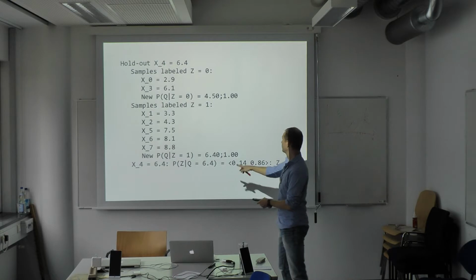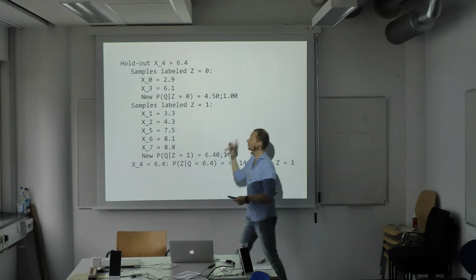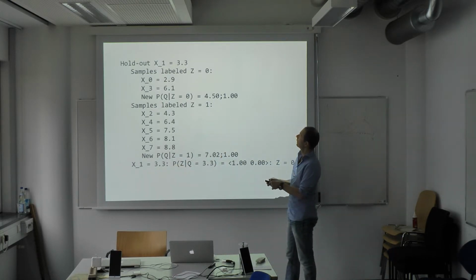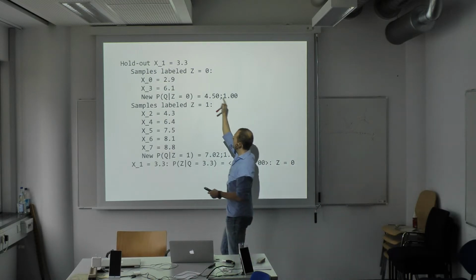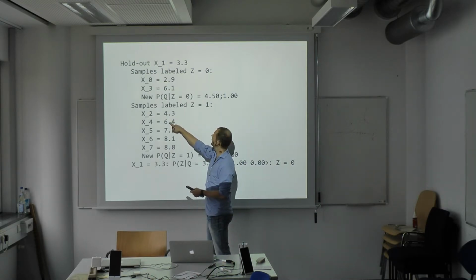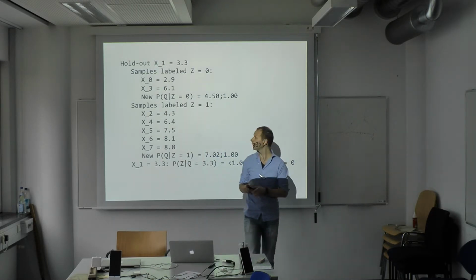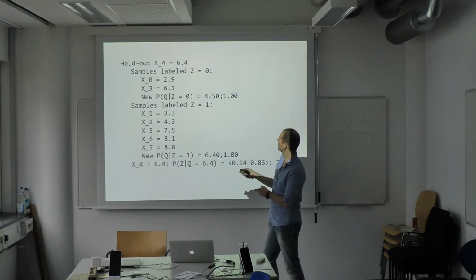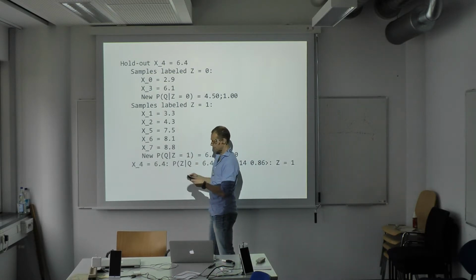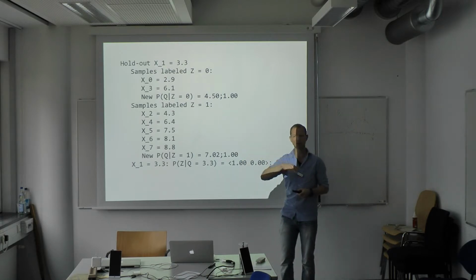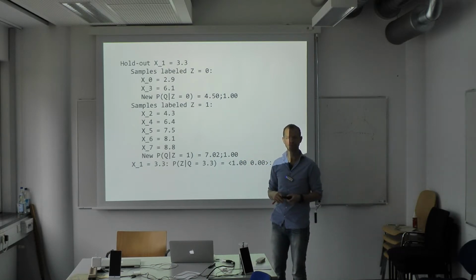So now we have a label for x4, which I'm going to add to the mix. Okay? But at the same time as I add it to class 1, there it is, I'm going to withhold another one. So I'm withholding x1, which was previously, if I flick back, in class 1 as well. But that's just randomly selected out of all the samples that I have.